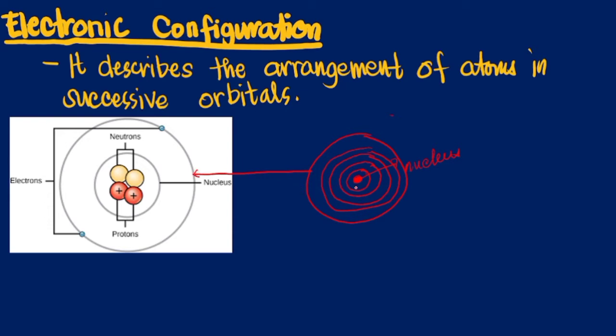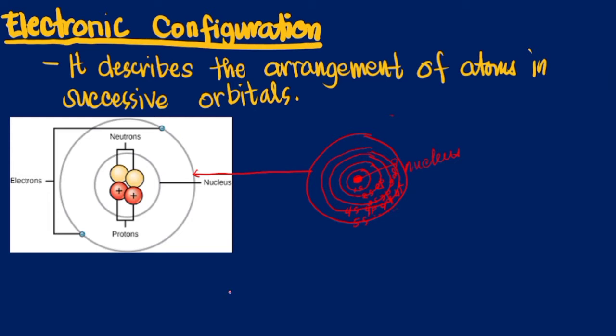Now, starting from the inner core or inner portion, we have the 1s, the 2s, meaning this is the second energy level. We have the 3s, the third energy level, and we have also the 4s, 4p, 4d, and 4f, and we have also the 5s, and so on and so forth.